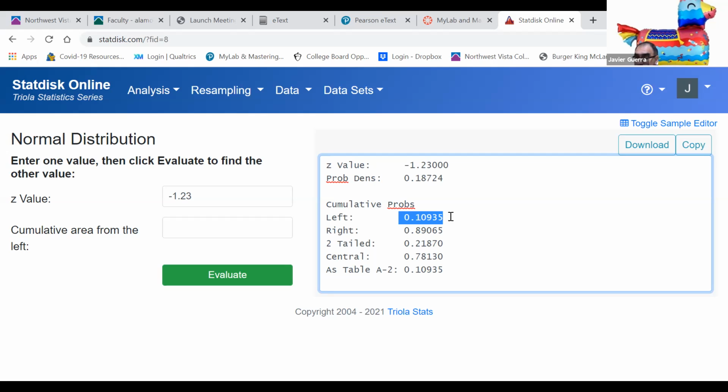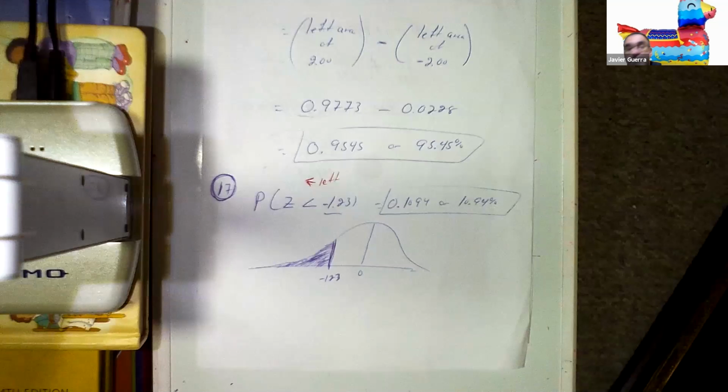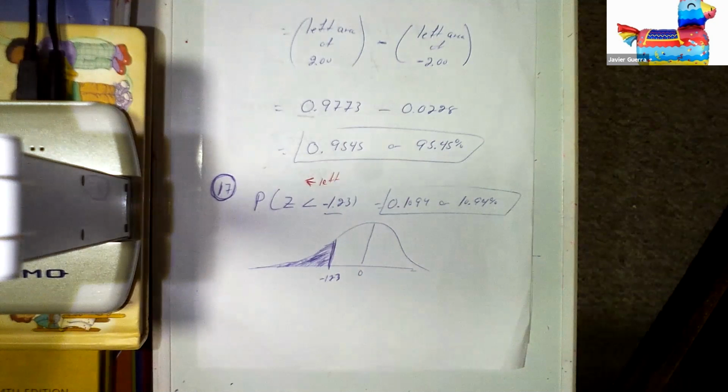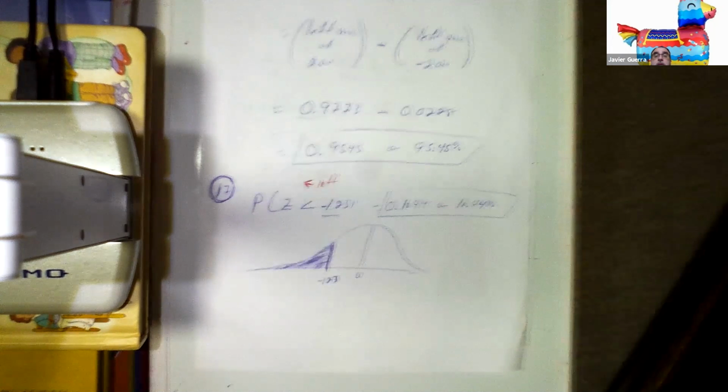The book has 0.1093. That's all right. We're good.